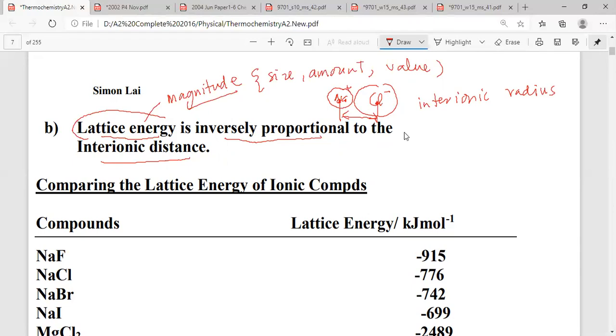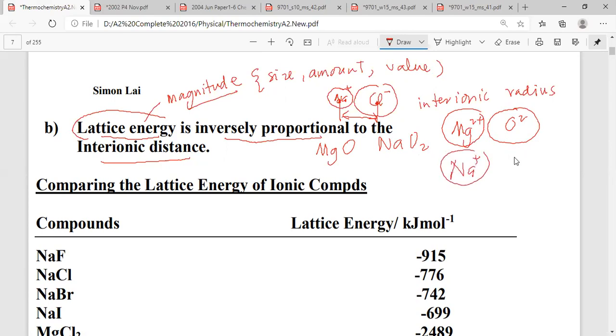For example, just now we have magnesium oxide and sodium oxide. So what is the same? The oxide is the same. So the magnesium here, 2 plus, and the oxide here. Remember the ions in it. And your sodium, of course, Na plus here, and you got 2 of them here.